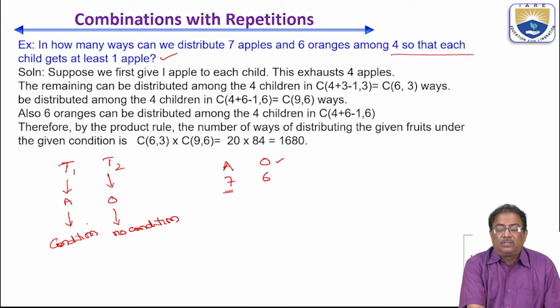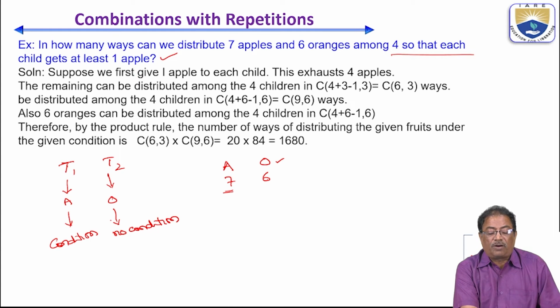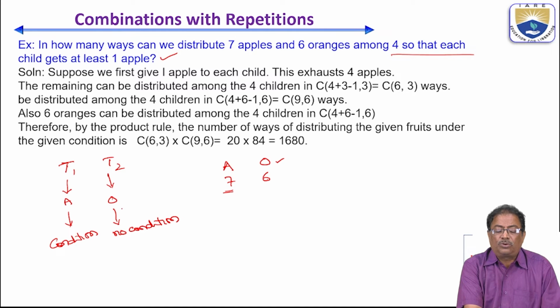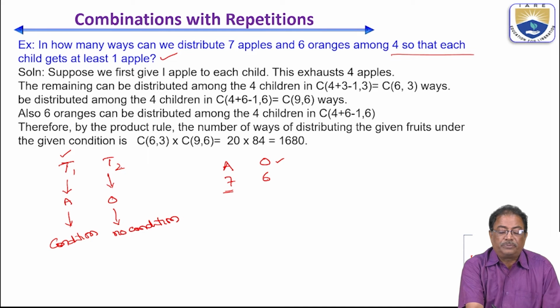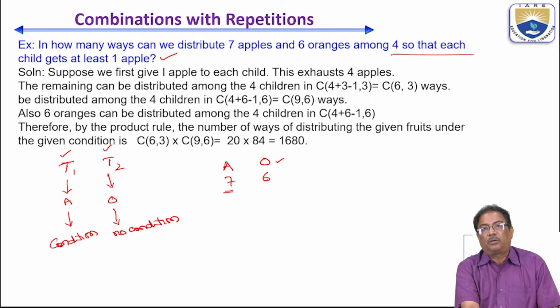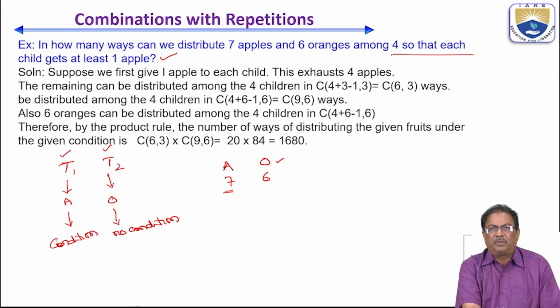So now there are 2 tasks to be performed, T1 and T2 together. So by the product rule, how many ways we can perform T1 into how many ways we can perform T2 is the total number of ways of distributing the fruits to the 4 children.